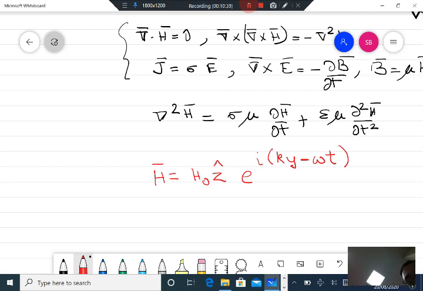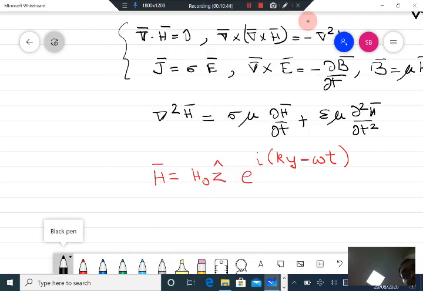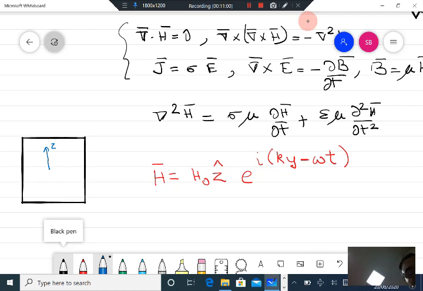So it basically means that you have a material, let's say this is your z-axis, this is your x-axis, and your y-axis is inside, and this is your material.